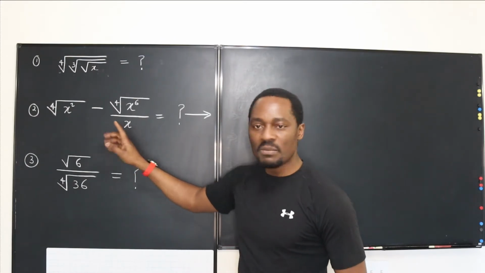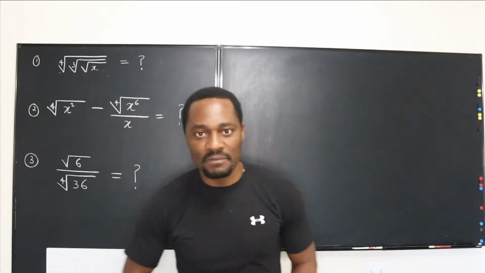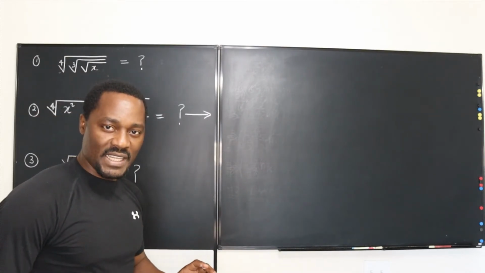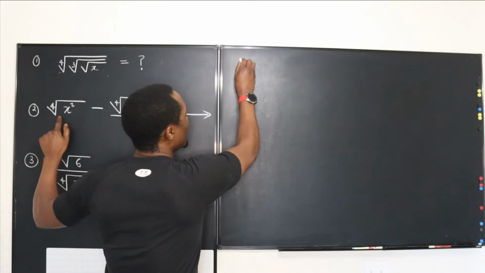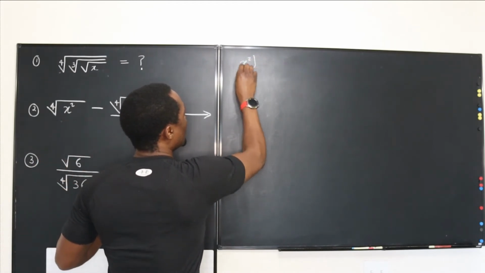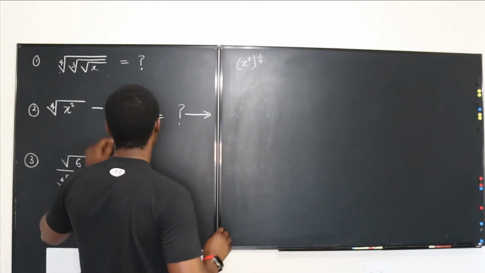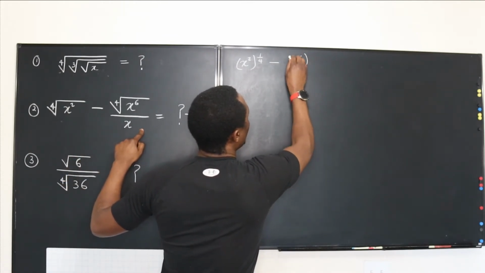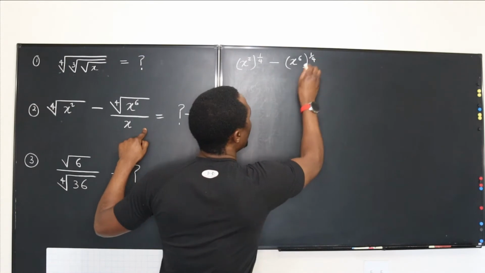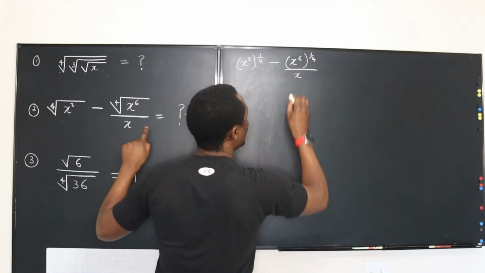Let's try and simplify. So we're going to go here and do it. In order to make our work easy, I'm going to transform this to write it as an exponent. So it is x squared raised to power 1/4, and I'm going to write minus x to the 6th raised to power 1/4 divided by x.